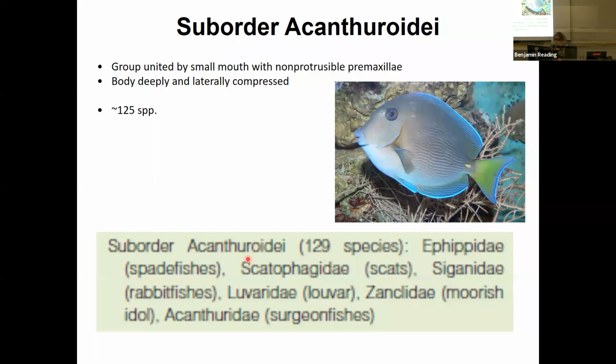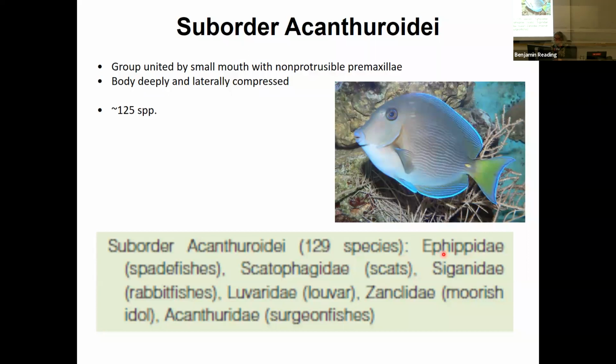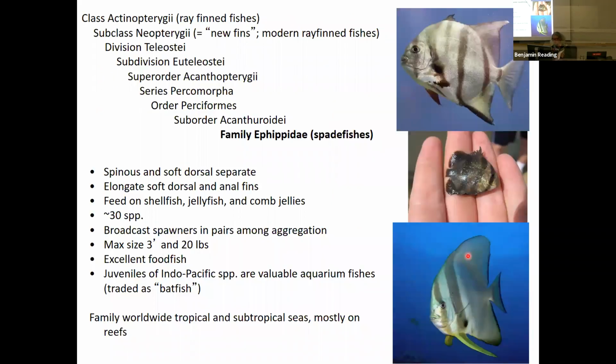We are going to talk in particular about Acanthuridae, the surgeonfishes, as an example of this suborder, and also Ephippidae, the spadefishes. So the first one we'll talk about are the spadefishes, family Ephippidae. The spadefishes are very characteristic in body shape.